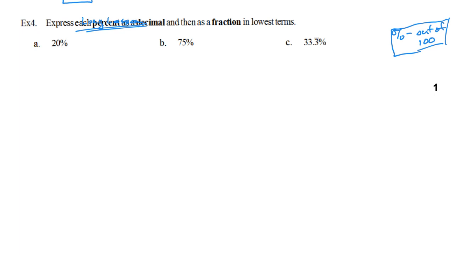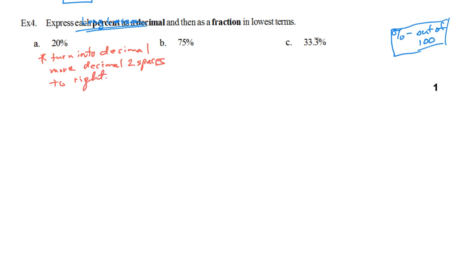So when we have 20%, in order to turn this into a decimal first, what we have to do is move the decimal 2 spaces to the right.